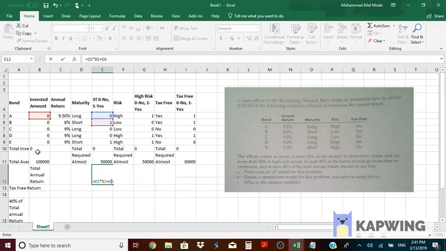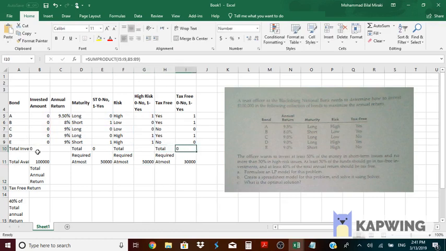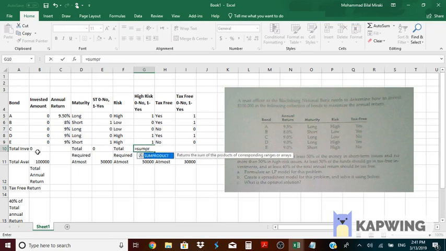But since it's a long process, I would rather use the SUMPRODUCT function, and similarly you can use SUMPRODUCT for all of them. So I'm going to use SUMPRODUCT, comma.